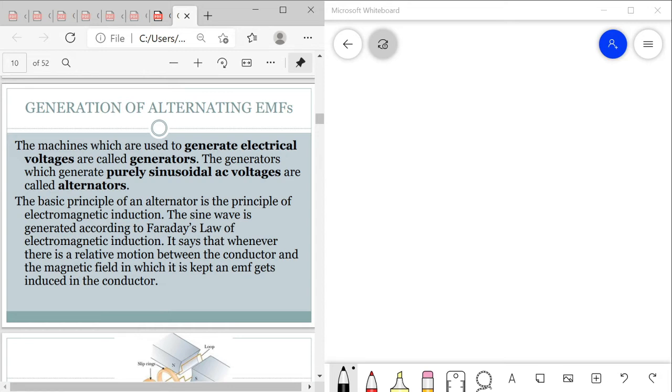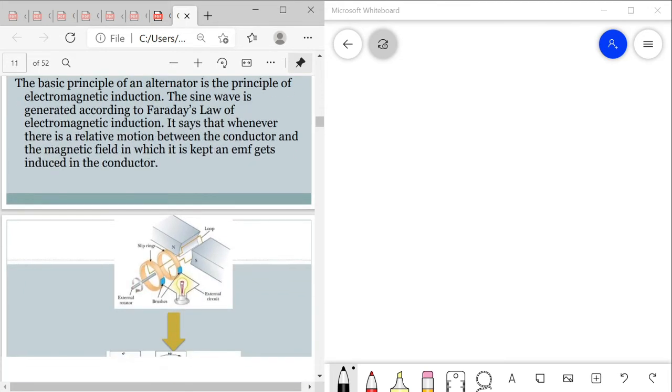The basic principle of an alternator is the principle of electromagnetic induction. The sine wave is generated according to Faraday's law of electromagnetic induction. It says that whenever there is a relative motion between the conductor and the magnetic field in which it is kept, an EMF gets induced in the conductor.